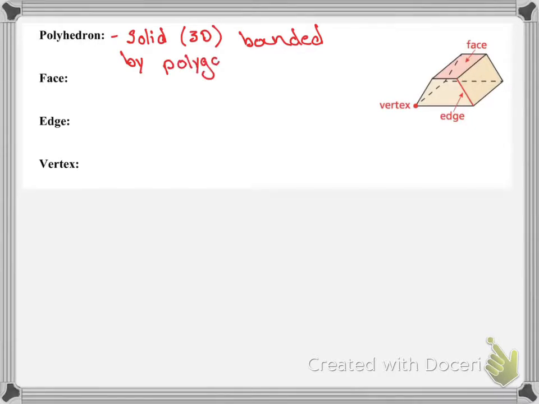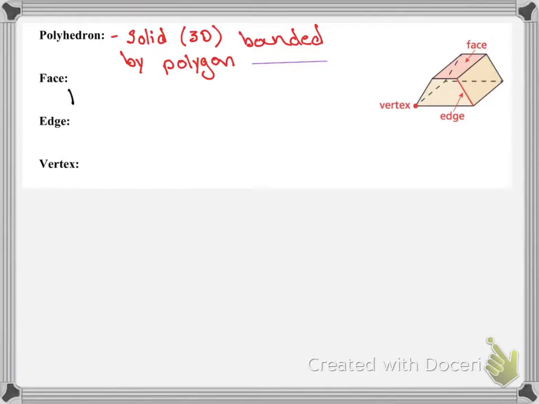And if you remember, a triangle, quadrilateral, pentagon are all polygons. Polygons, again, are made up of straight lines. So our polygon is made up out of those straight line sides.